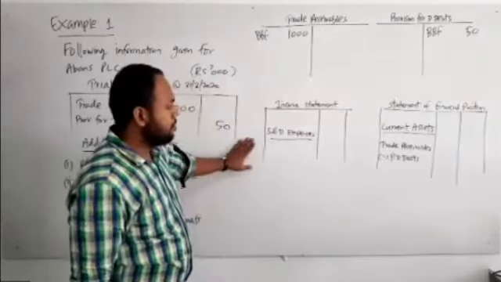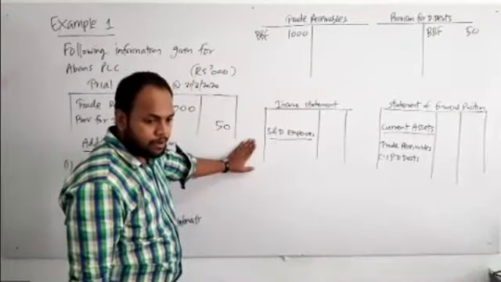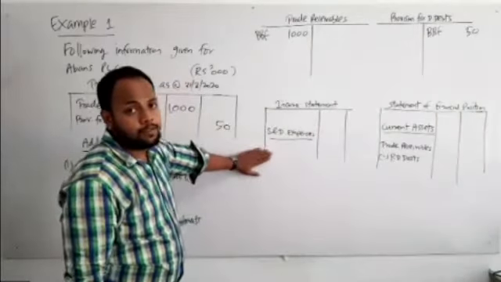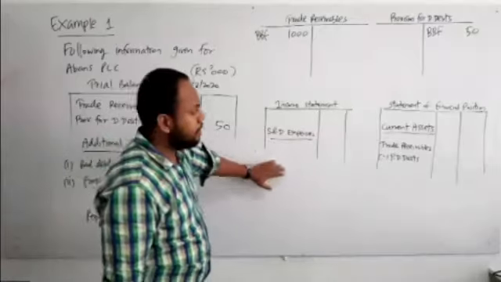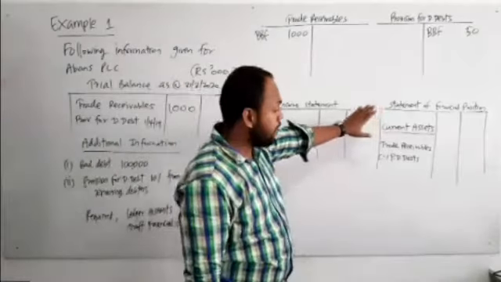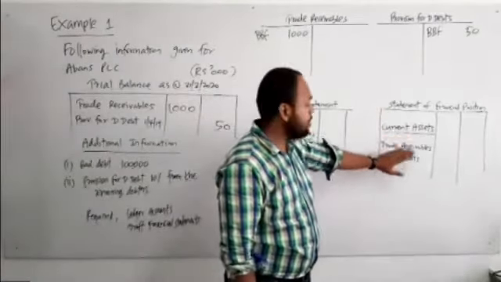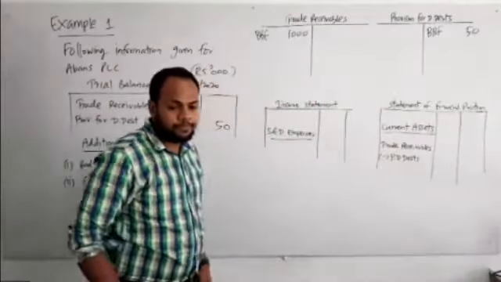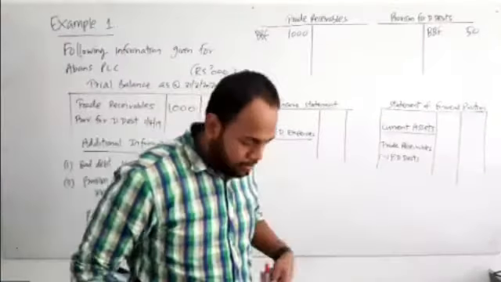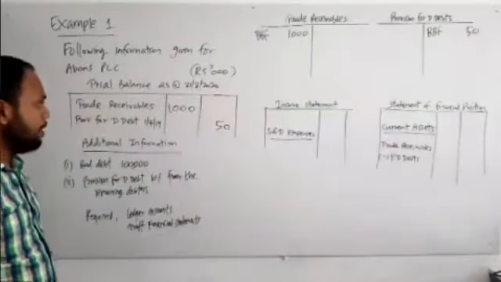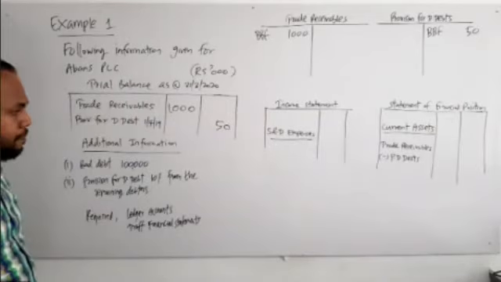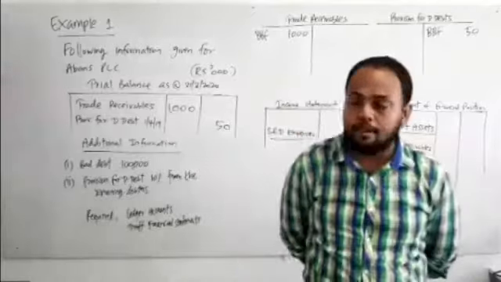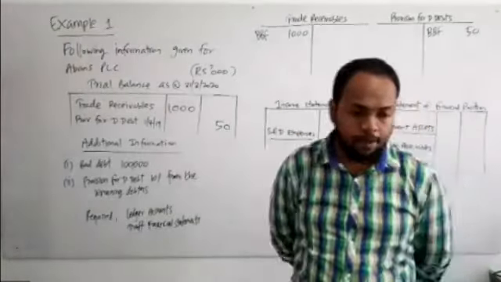In the income statement under selling and distribution expenses, we need to show the expense, bad debt and doubtful debt. In the statement of financial position, under current assets, we have trade receivables and provision for doubtful debts. Okay, so draw this. I'll give 1 minute to draw this, then we will continue.